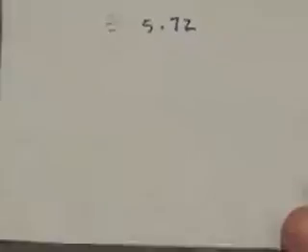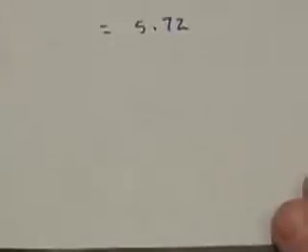And so if you're taking a look at your buffer situation, you're going to add some NaOH to it. When you add NaOH to it, what part of the buffer is going to react with it? Well, you have two choices.